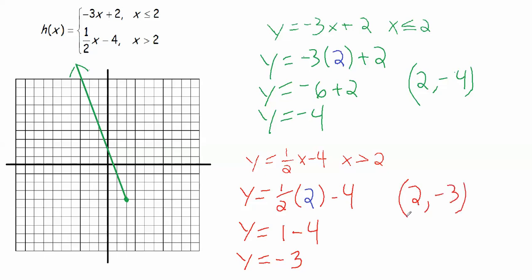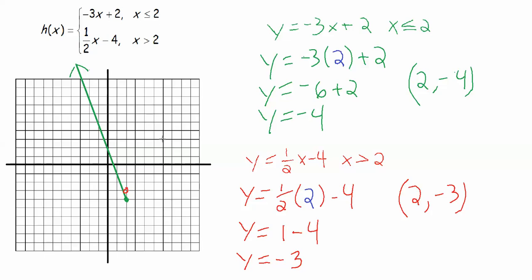Okay, now we want to go back and graph this on the coordinate system. We check our inequality symbol. Because it's greater than, we're going to use an open circle or open dot when we graph this point. So let's go over 2 and then down 1, 2, 3, and it's going to be an open circle.